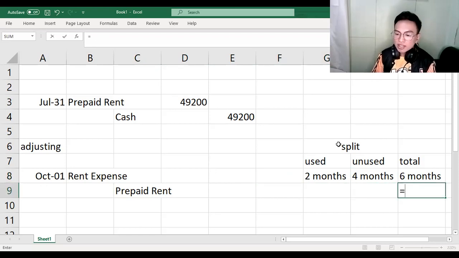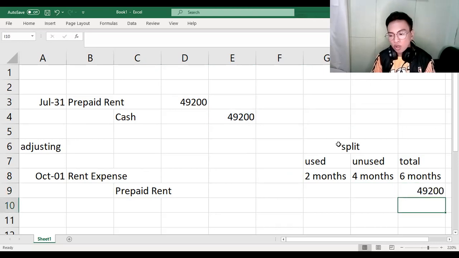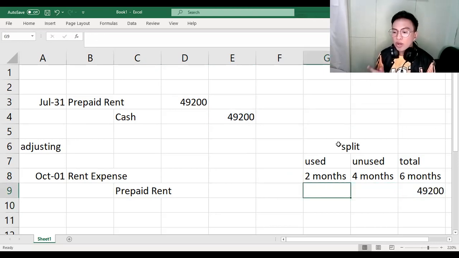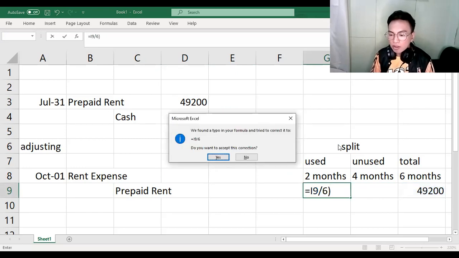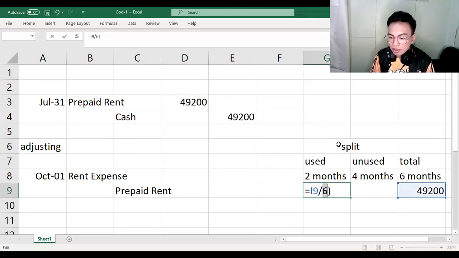6 months is equal to 49,200. Now, how are we going to split it? If 49,200 is equal to 6 months, we just divide it by 6, and we get 2 months from it.